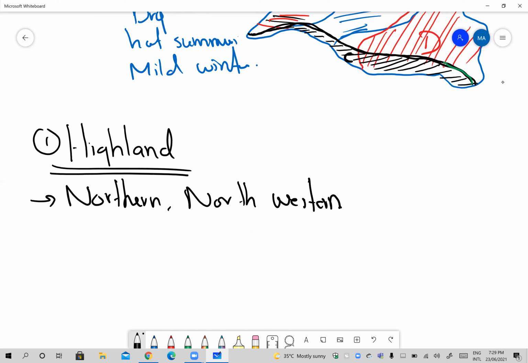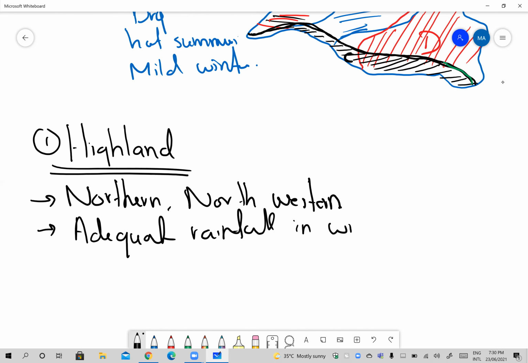And the average rainfall in the highland areas varies from, you don't really have to know an exact number, but let's say adequate rainfall in winters.